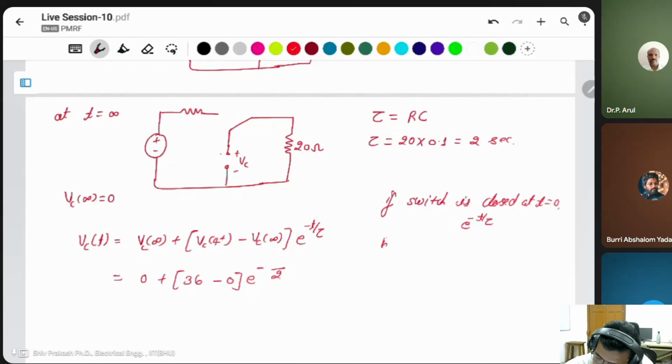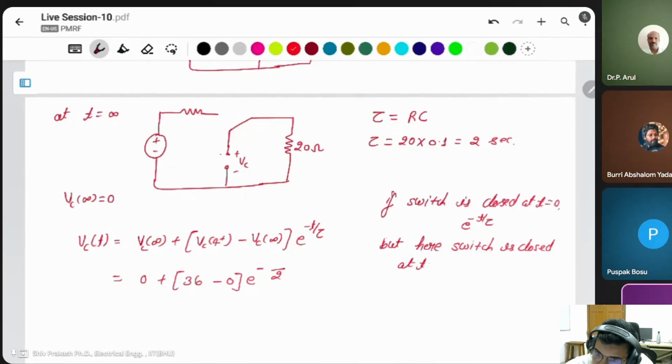But here the switch is closed at t equal to 4 seconds, then this will be e to the power of minus (t minus 4) by tau.